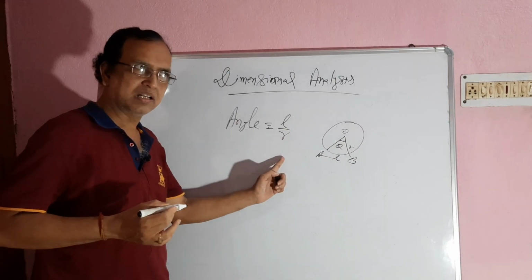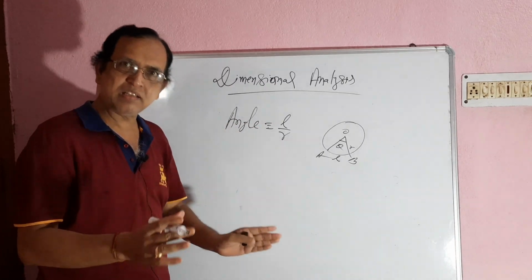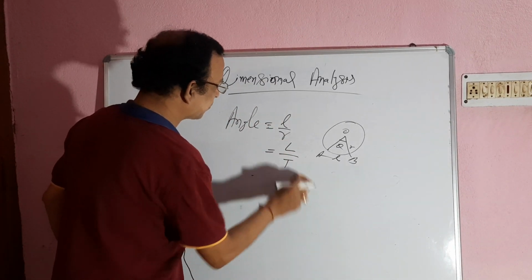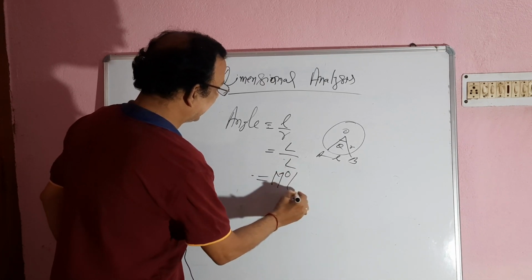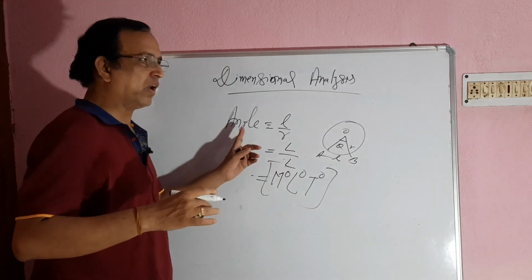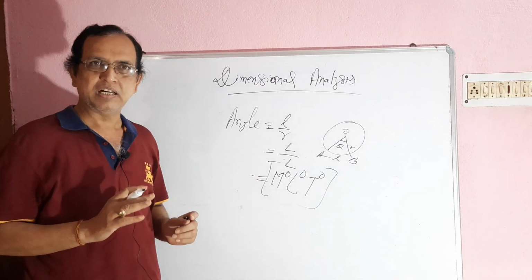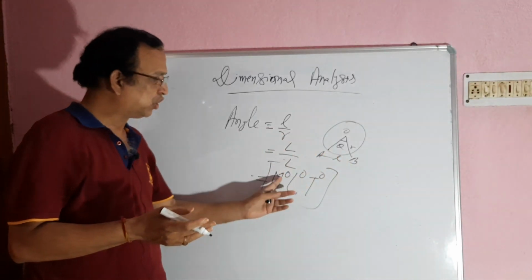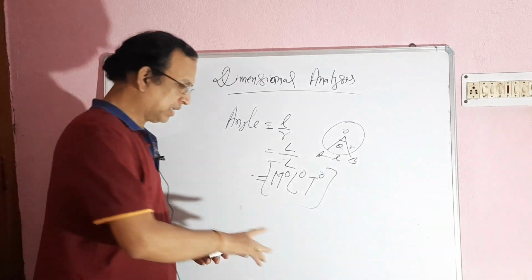L is arc, that is the length. R the radius is also length. So L by L means m0, L0, T0. So there is no dimension. So angle is a dimensionless quantity. The dimensions are 0, 0, 0 for mass, length, time.